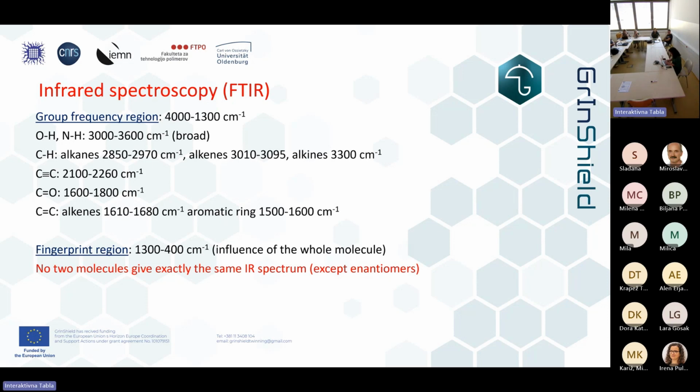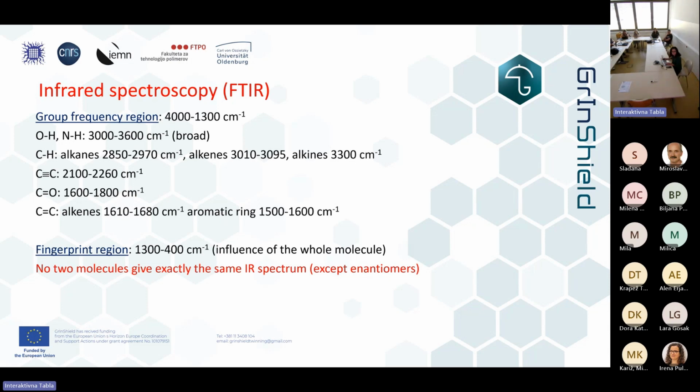Besides this, we have another region which is called the fingerprint region. Here the influence of the whole molecule is actually observed. So we can say that no two molecules give exactly the same infrared spectrum except enantiomers.